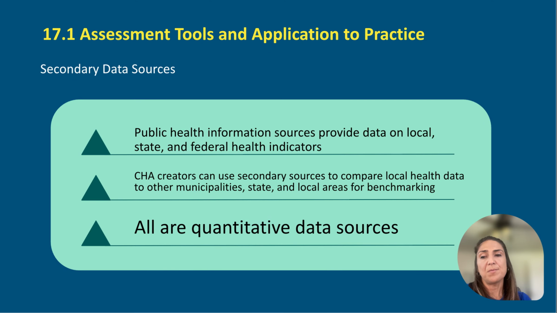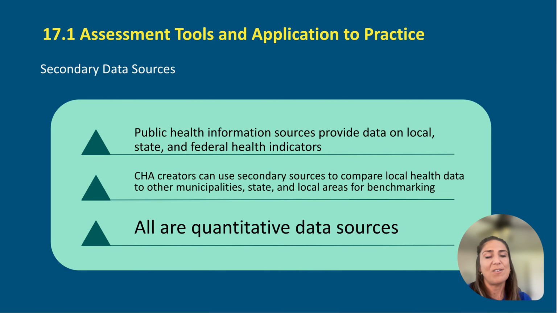When we're looking at secondary data sources, we're thinking about public health information sources. These provide data on local, state, and federal health indicators. Community health assessment teams can use secondary data sources to compare local health data with other municipalities, the state, or even national averages.